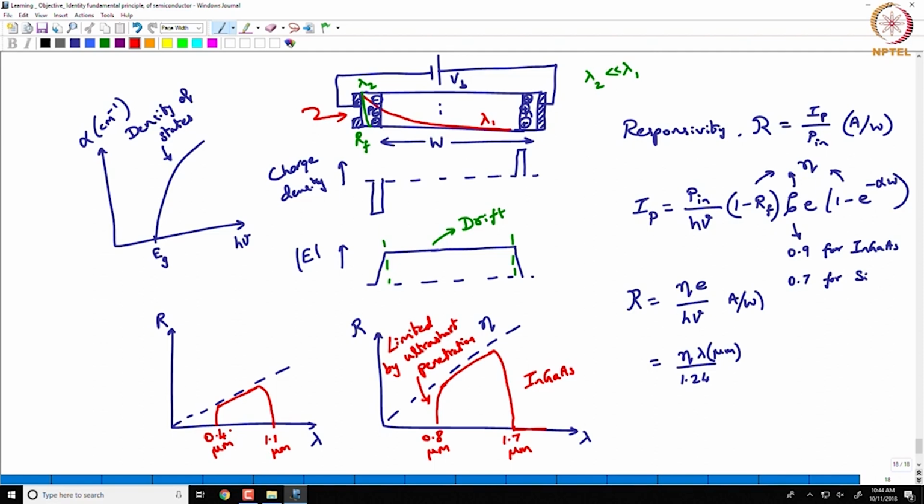W will be very small. So even for the shortest wavelengths, it still allows you to extract the photocurrent if you make it very short. Okay, so this is for silicon. You understand this picture?